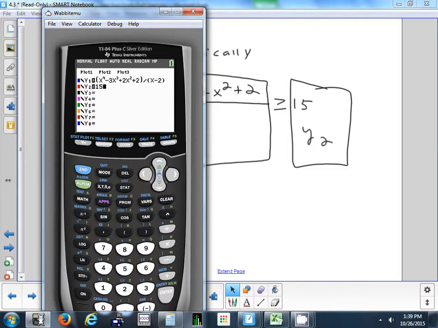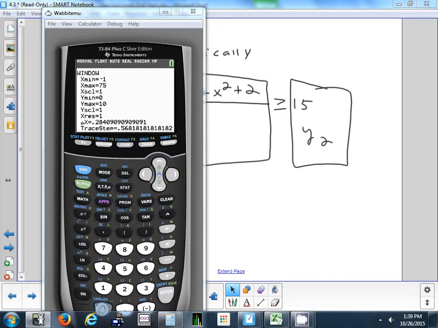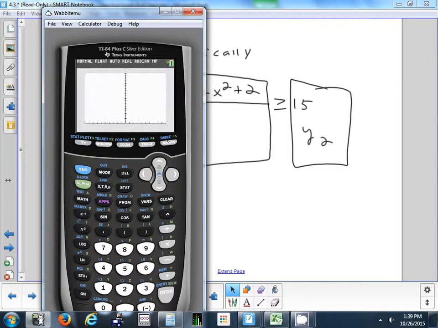Okay, again, you're going to look for where the blue is above the red. Since I have to go up to 15, let's do the standard window, except set the y max. Yeah, it could go up to 20. Okay, and we're not seeing anything that's below.